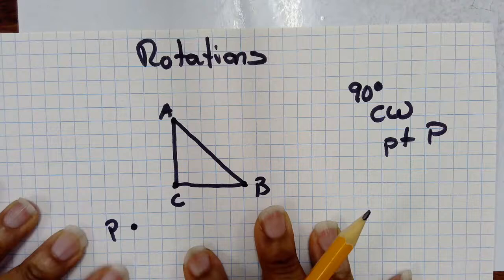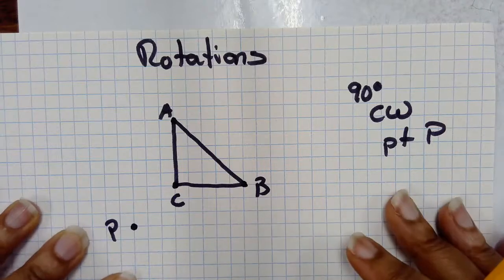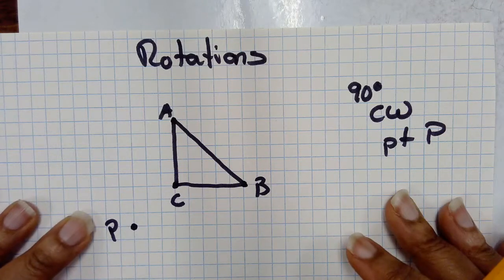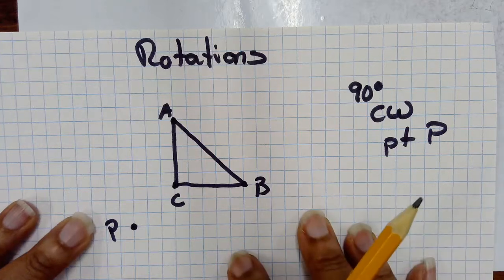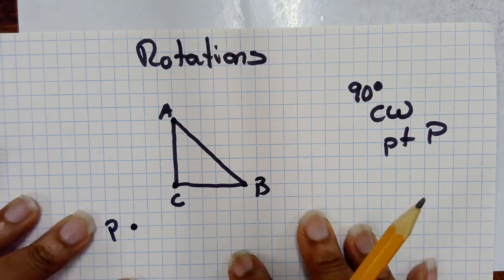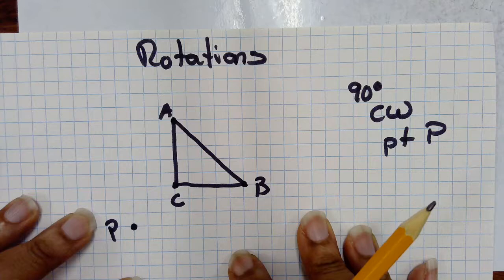With rotations, you need a point of rotation and you need to know the direction you're going. Those are the two most important things: what point you're rotating about and what direction you're going.